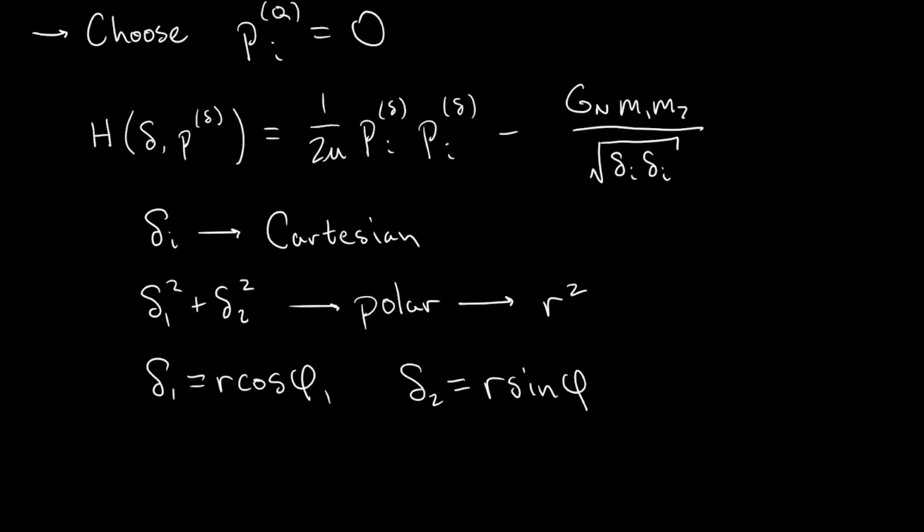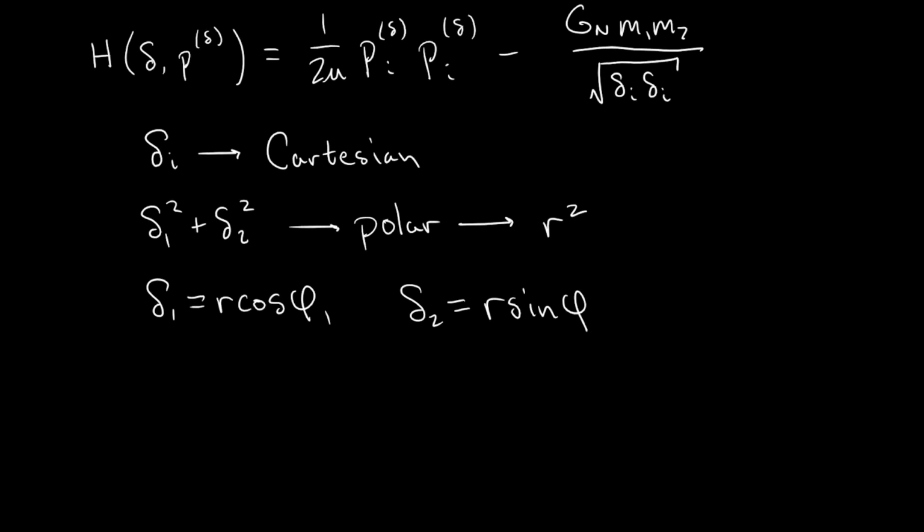Well, specifically, our potential energy simplifies even more. And again, this is something that we dealt with last time, going from a Cartesian set of coordinates to a polar set of coordinates, so I'm not going to rederive anything.